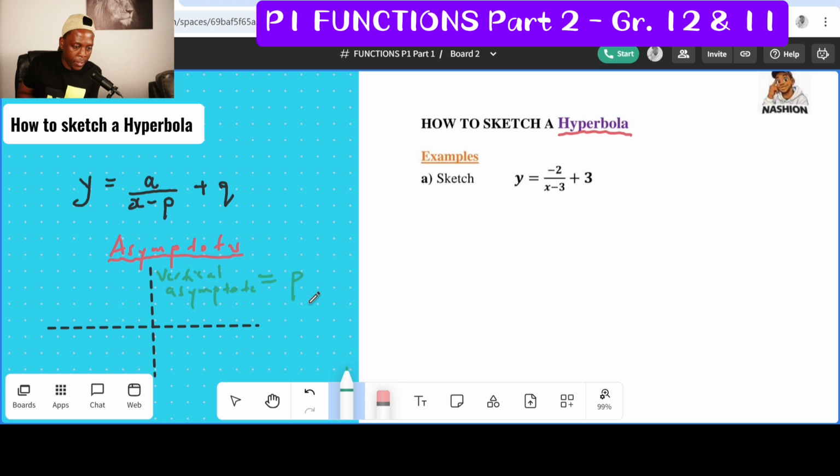That's p. When you look, guys, at the y-axis and x-axis, a vertical line will touch the x-axis. Therefore, this vertical asymptote, which is p, actually represents the x value.